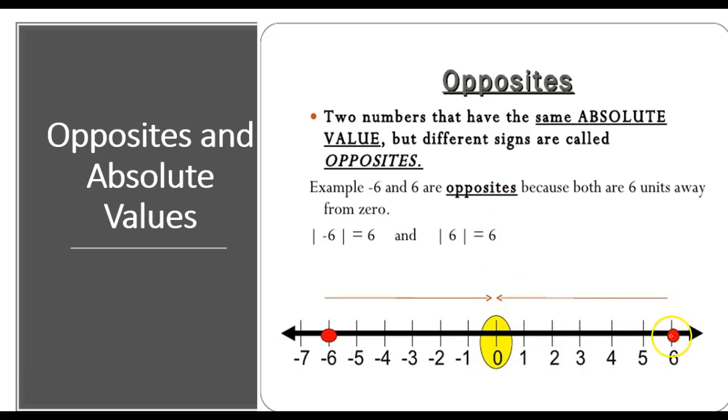For example, absolute value of negative 6 is 6, absolute value of 6 is 6. So positive 6 and negative 6 are opposites. Do not confuse opposites and absolute value. We write absolute value with a positive number, but opposites, we write them with negative or positive. So the opposite of 6 is negative 6. Opposite of negative 6 is 6.